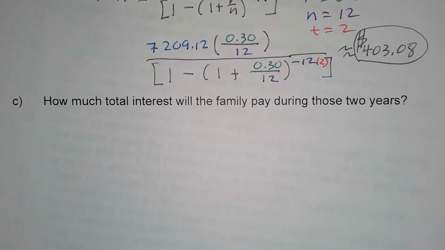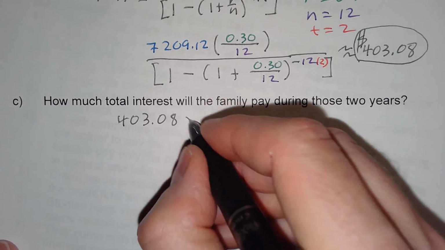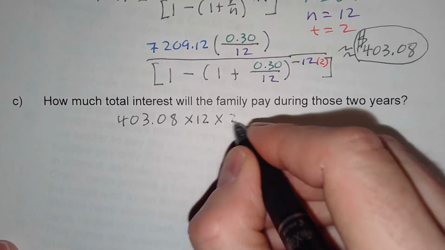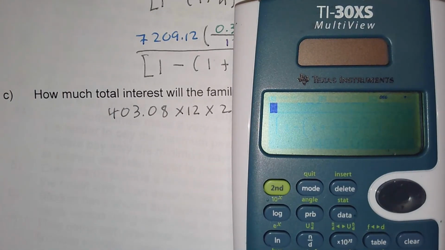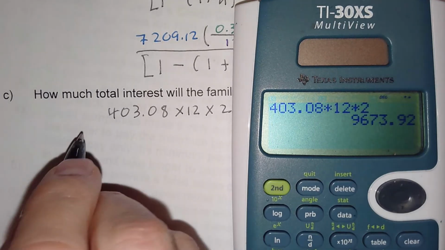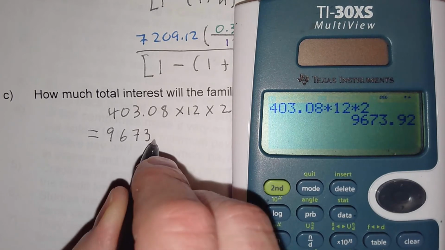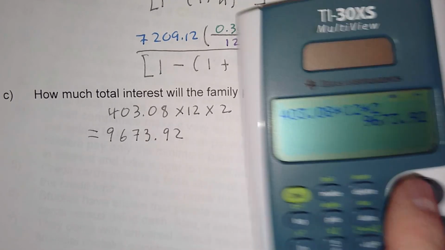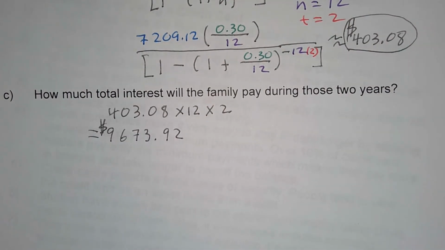So part C says how much total interest will the family pay during those 2 years? We take the monthly payment, we're going to multiply it by 12 and then by 2. And that gives you $9,673.92, which is what you are paying back.